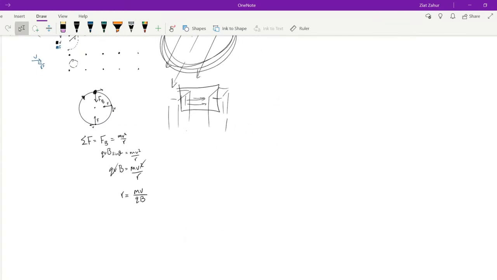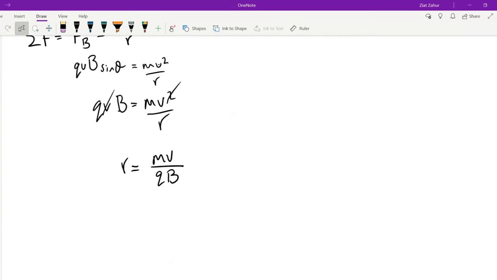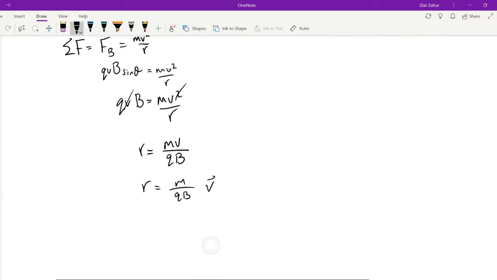Okay, so based on my velocity, we can see how the r is directly proportional to the velocity. Sometimes this is called a cyclotron, where you can spin things around using magnetic fields.